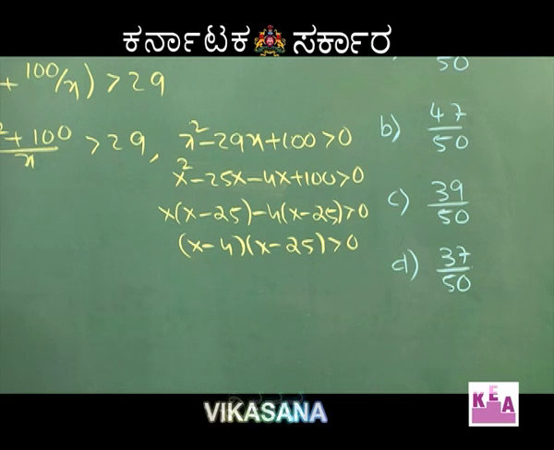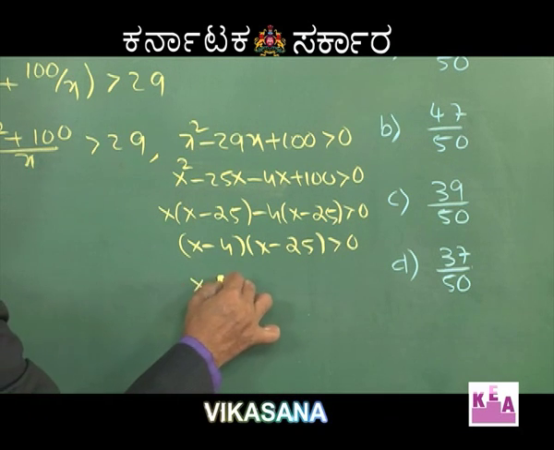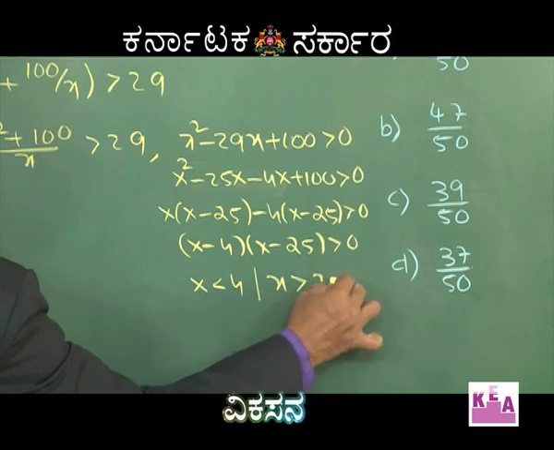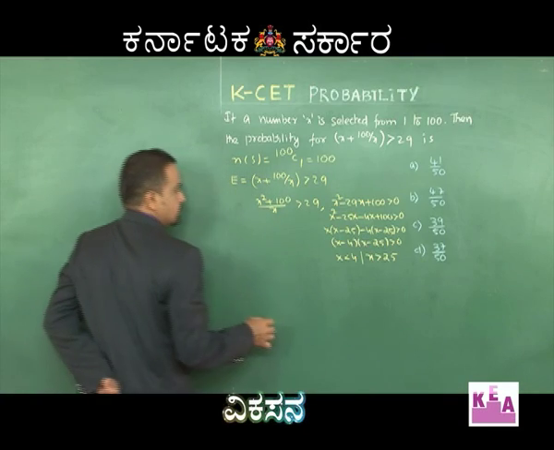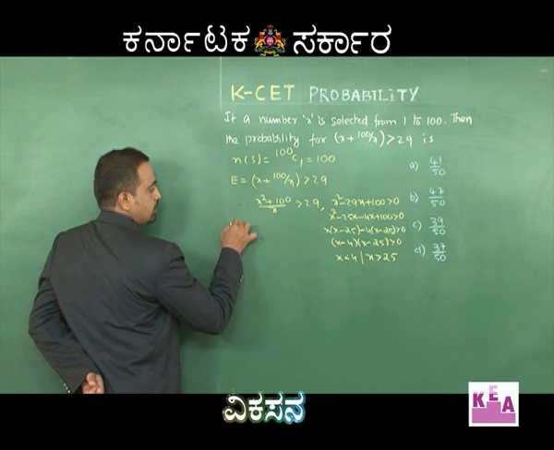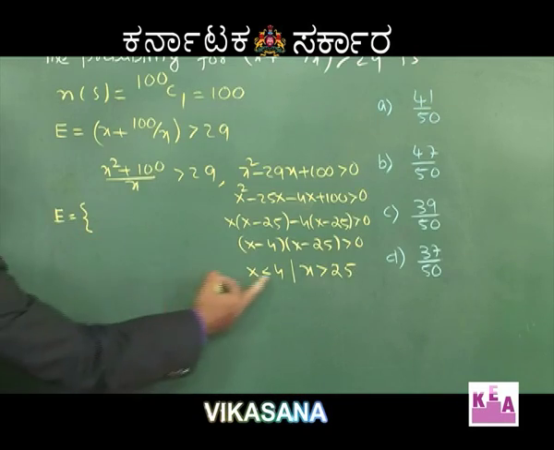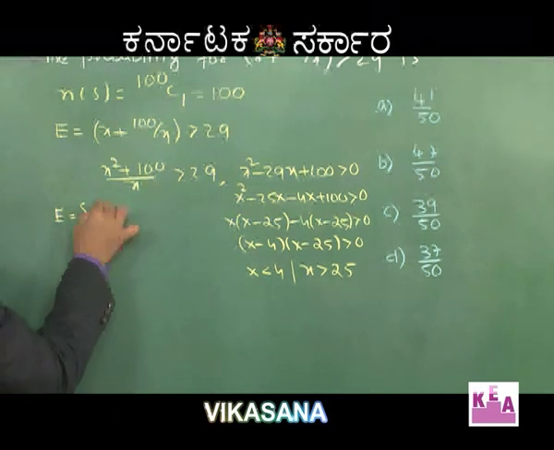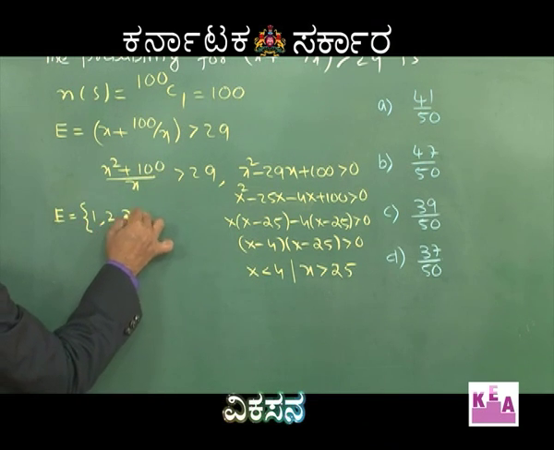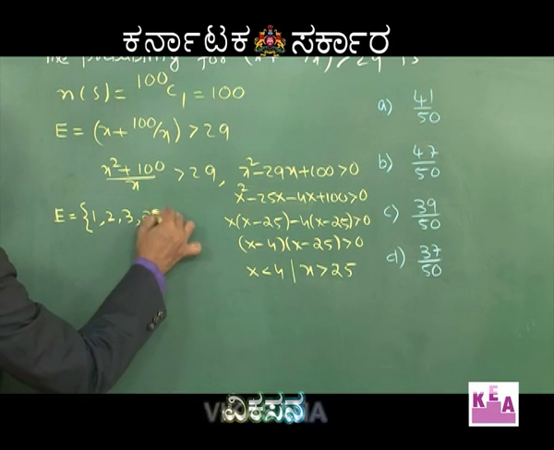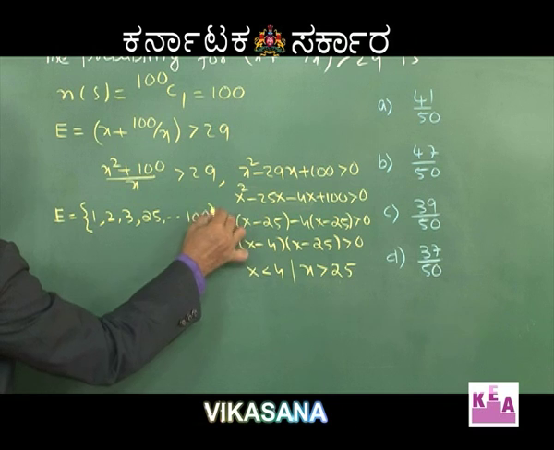For this solution, x is less than 4 or x is greater than 25. The possible values for x: x less than 4 means it can be 1, 2, 3. X greater than 25 means from 25 to 100.